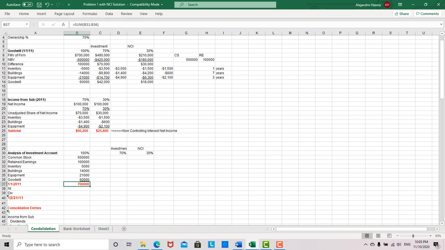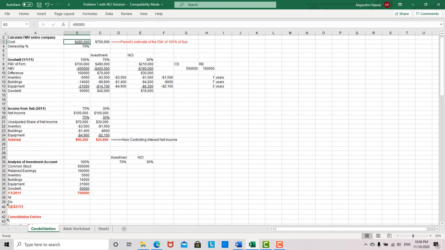That makes sense because when you bought this company on January 1st, 2011, this is a first-year problem, you thought that the value of this company is 700,000. Notice all these 700,000 are all the same number. This one here is just broken down according to its components: 600,000 of equity and 5,000, 14, 21 of valuation differences and $60,000 of goodwill.